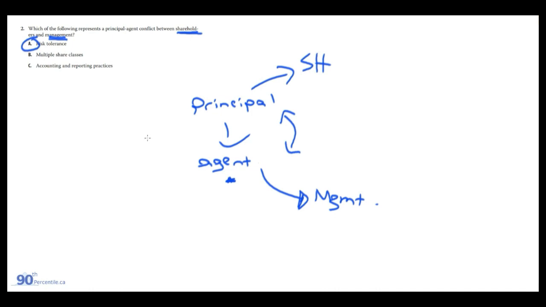And on the other extreme, you could see management with some ridiculous targets to meet for massive bonuses. So they take a lot of risk, and that's to the detriment of the company if it doesn't work out, right? So that's the rationale. Going down the list, multiple share classes would actually be a conflict between shareholders, not management. And then accounting and reporting practices, once again, is kind of stretching a bit.